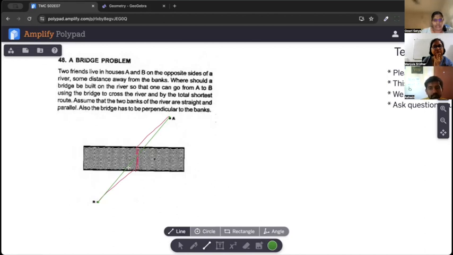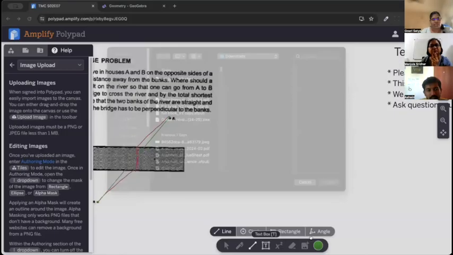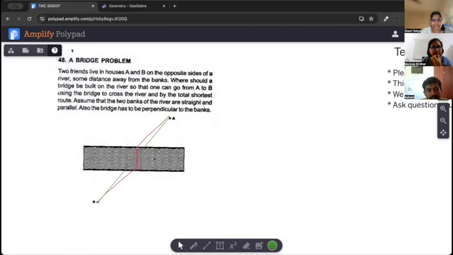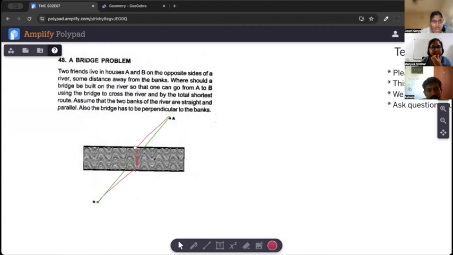My initial reaction was to take the shortest path and just build the bridge wherever it intersects the river bank. So build the bridge here, and then continue. But that has quite some deviation from the shortest path.